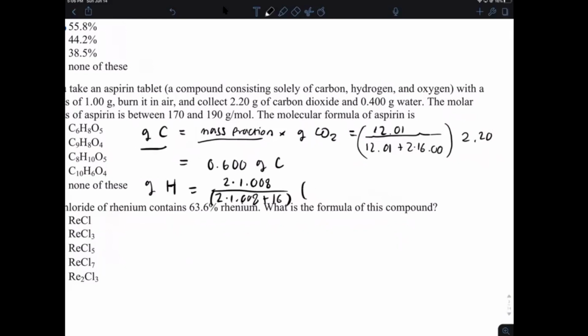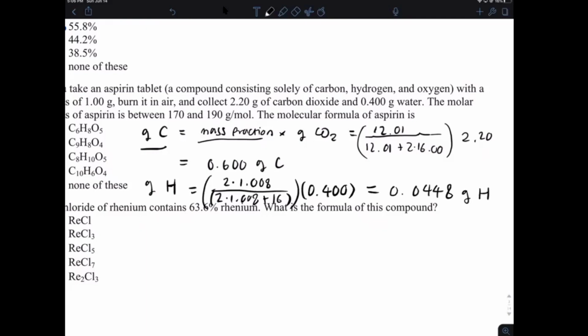And then this whole thing times 0.400 grams of water. And if we calculate it, we should get around 0.04476, so we can just round to 0.0448 grams hydrogen.